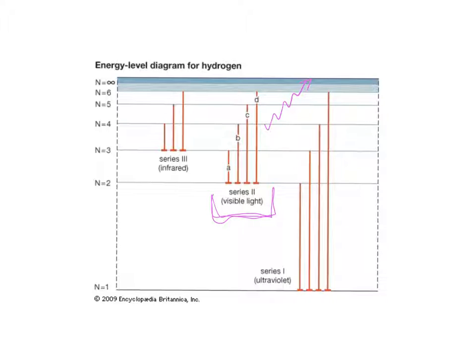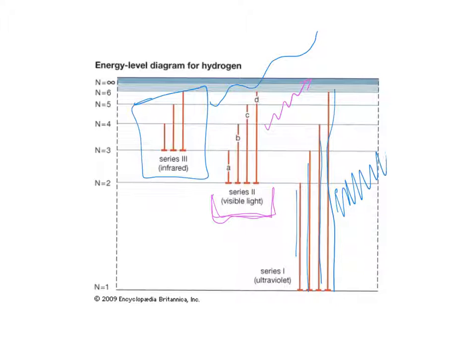Over here, you see the jumps are much shorter. Because of that, there's going to be less energy coming off, longer wavelength, lower frequency. So you won't be able to see this because this is too low frequency. Over here, these big long jumps are going to produce a lot more energy, higher frequency coming off, which means they'll be too high. This will be in the ultraviolet portion of the spectrum.